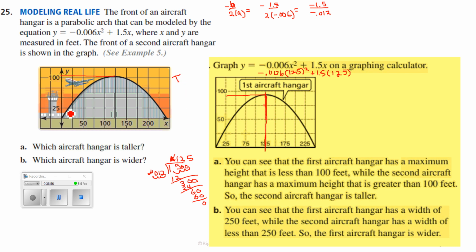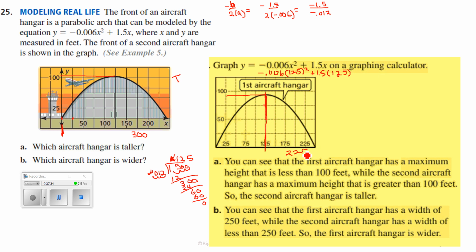Now we can also see the first one goes from, well, these are going up by 50, and this is 25, right? So let's see, 25, 100, 25, 150, 25, 200, yes. So this here must be my zero spot, right? So we're talking 300 feet across. Over here, we're talking 25, this is 125, double is just 225 across.